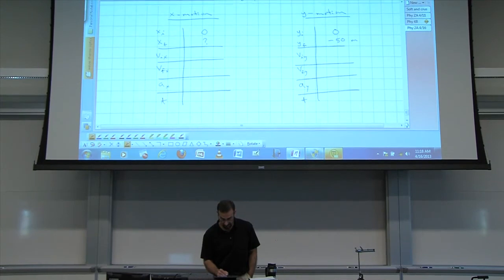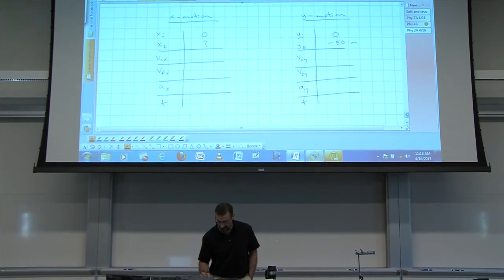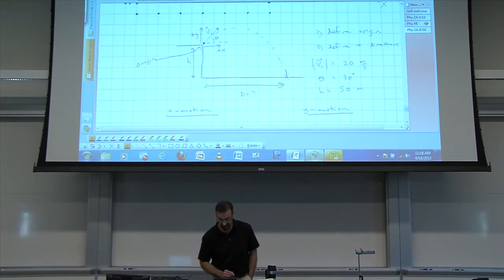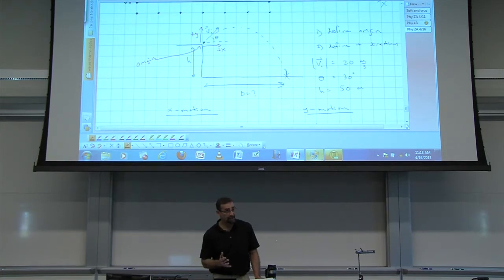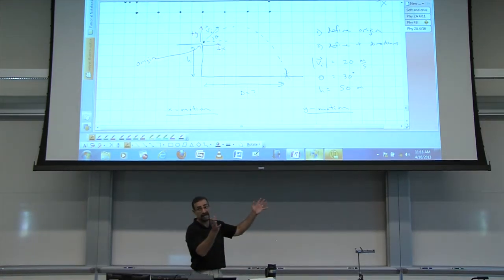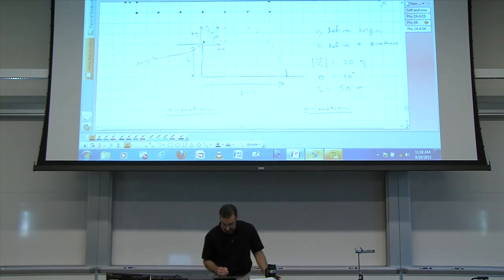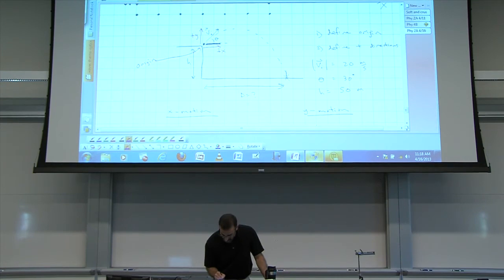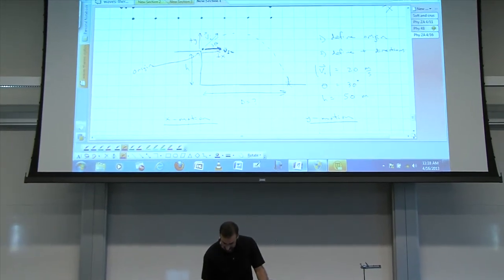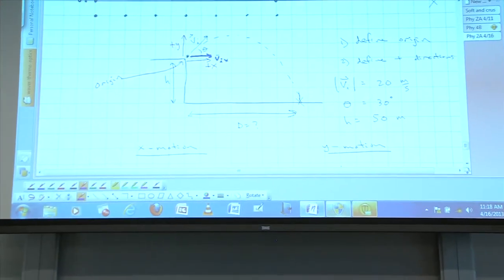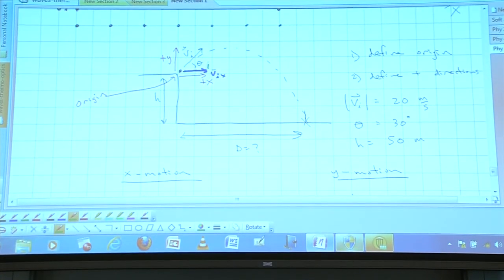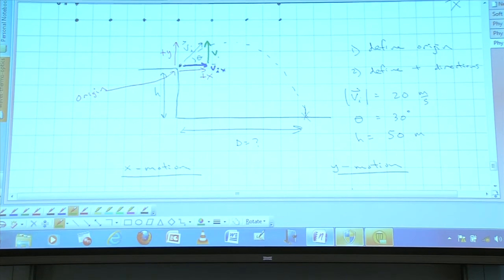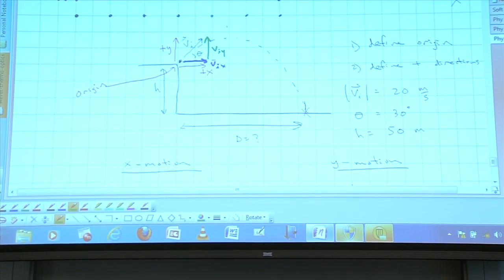Our initial velocity in the x direction. We've got to break up that the initial velocity was given at some angle. We have to break that up into vectors. I'll draw them in, I'm running out of colors here. How about blue for this one? So that's our v initial x, and then in green here, v initial y, right?